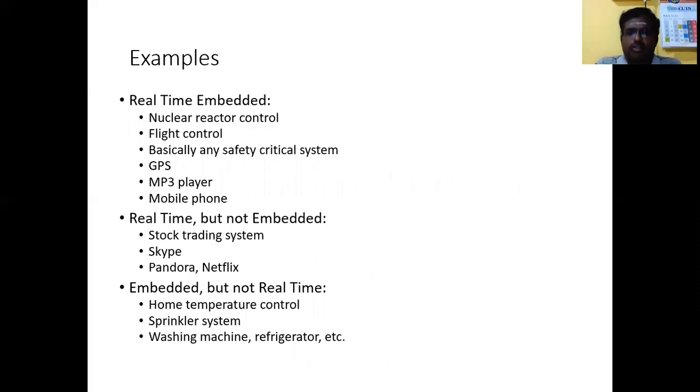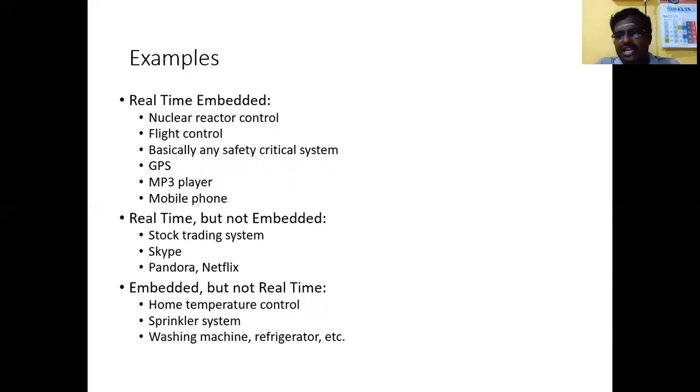Some examples of real-time embedded systems are nuclear reactor control, flight control, basically any safety critical system. As I said, embedded systems are expected to give results of high accuracy. The real-time embedded system examples given in the slides are very crucial applications, like a nuclear reactor. You know how sensitive it is.